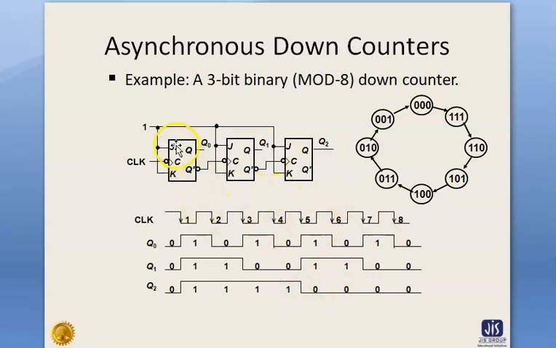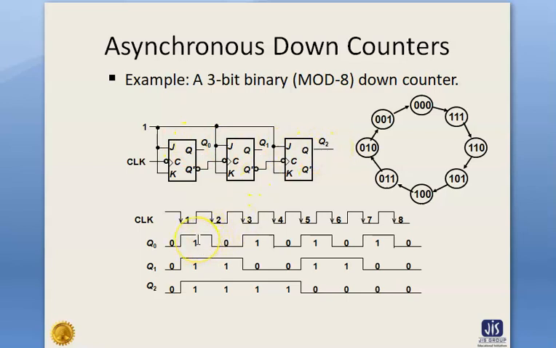Here also all the JK flip-flops are in toggle mode connection. So when a clock input with negative edge trigger is applied, initially if all outputs are in the reset state, then after applying the clock pulse, all the flip-flops will change their output.